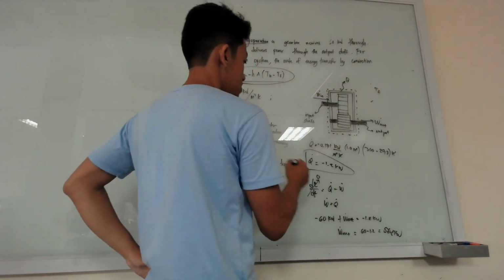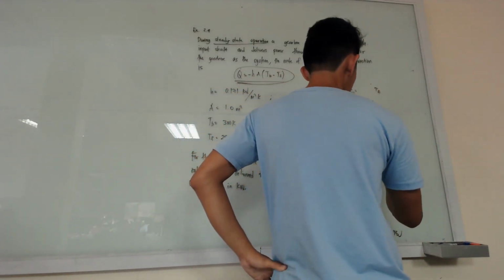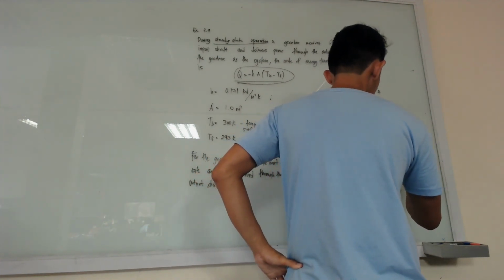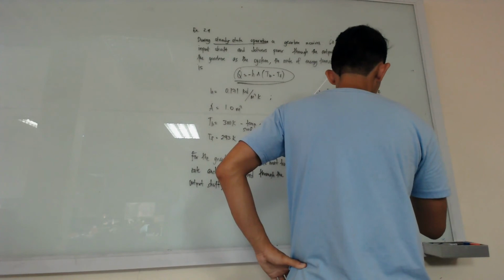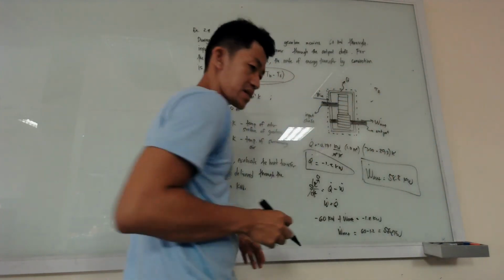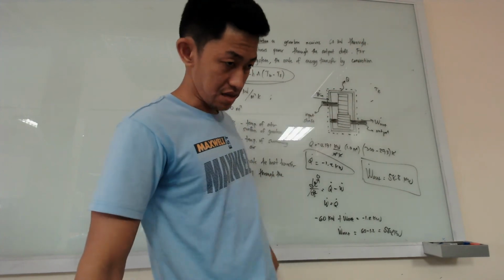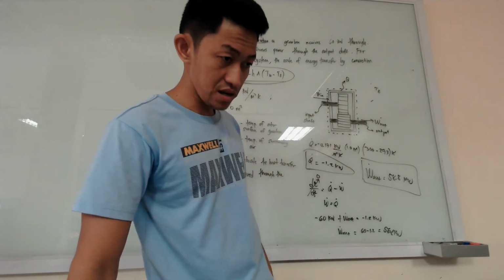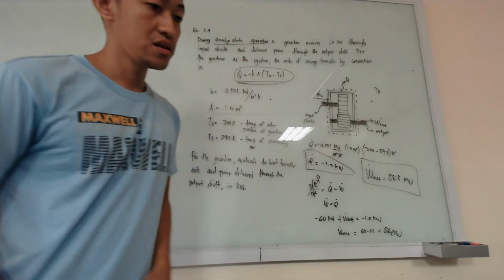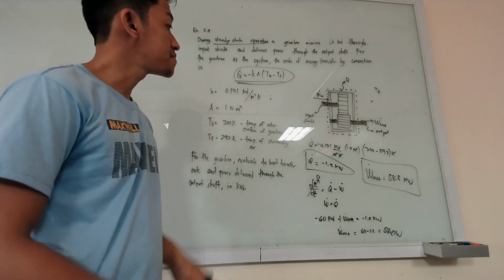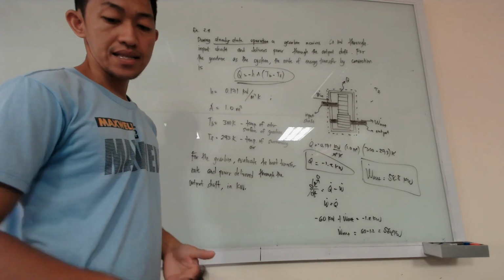For the work output, we should get a positive value because it is going out of the system. If you got negative, there is something wrong. So double check. That's it.